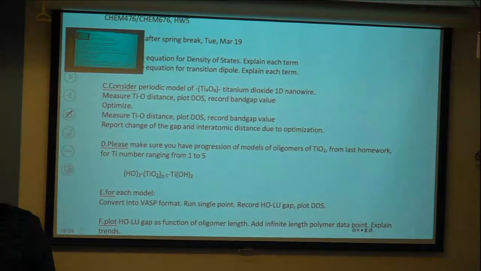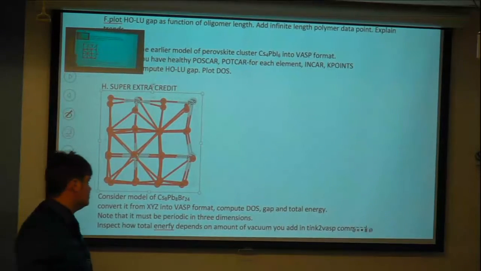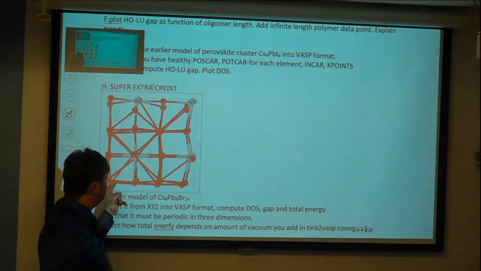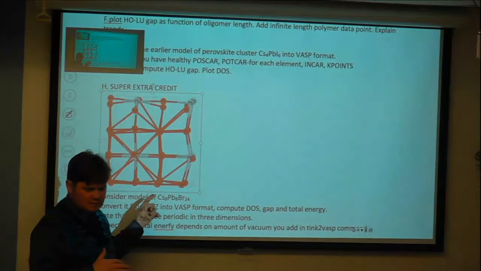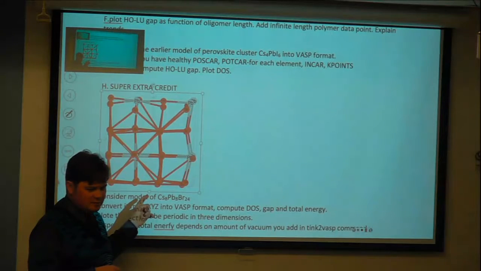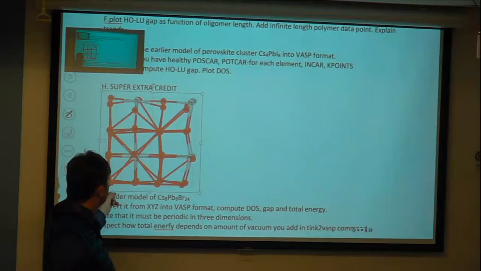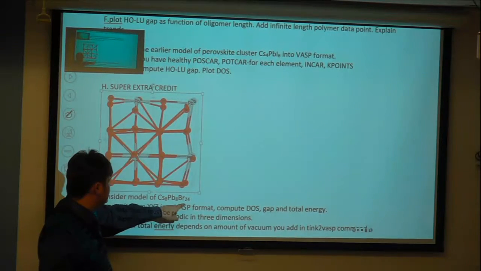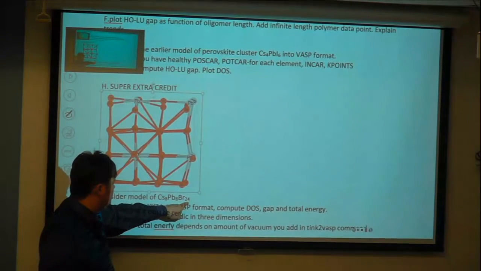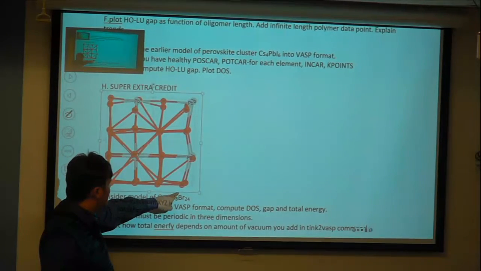There is a last point, super extra credit. It is not mandated, but if you consider yourself a potential researcher of perovskites, you may try to do it. I will send by email a model of about 40 atoms: 8 cesium, 8 lead, 24 bromine.